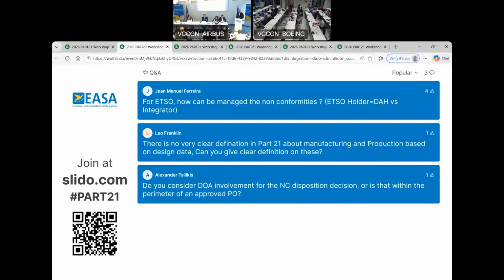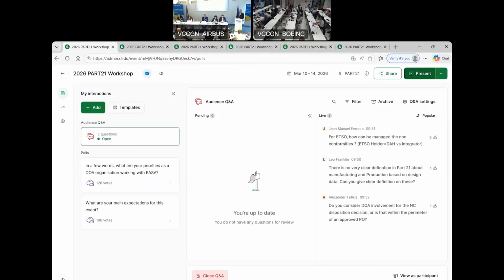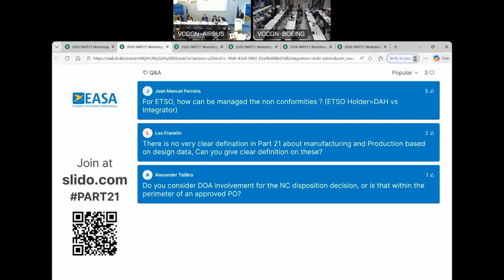Want to read the first one? Yes, I can read. For ETSO, how can non-conformities be managed? ETSO holder equals design approval holder vis-a-vis integrator. Conceptually, there is no difference between the introduction of a change to an ETSO article or the approval of a concession on a manufactured article.